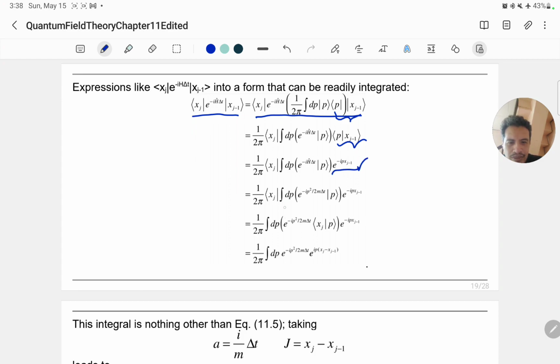And you can let your dp be out of the integral, and also this one here. So what's left is this one, which is just equal to exponential of ipxj, and combining with this you will have this expression. And so anyway, you will have this one.